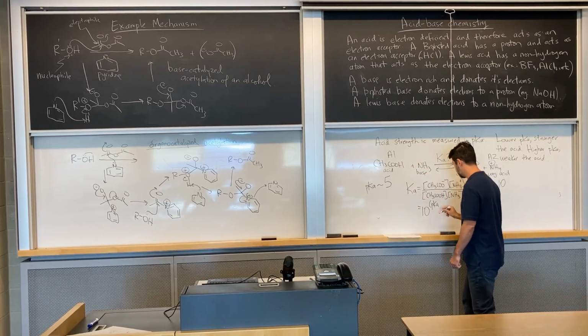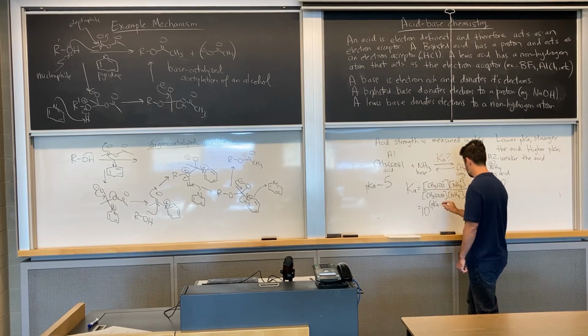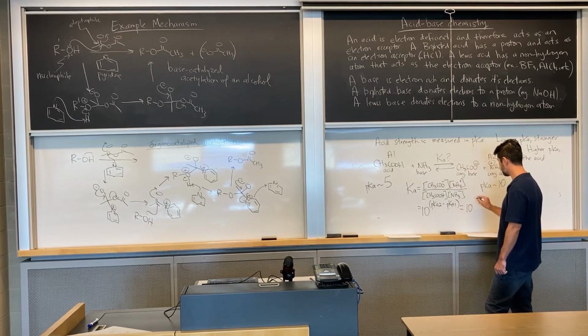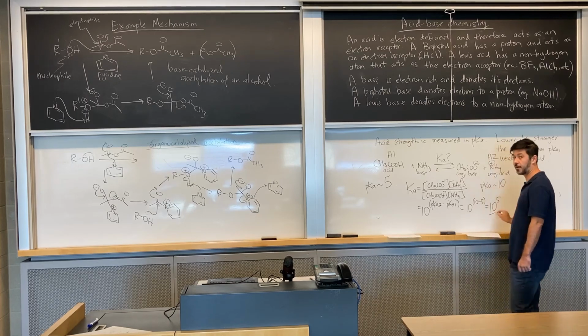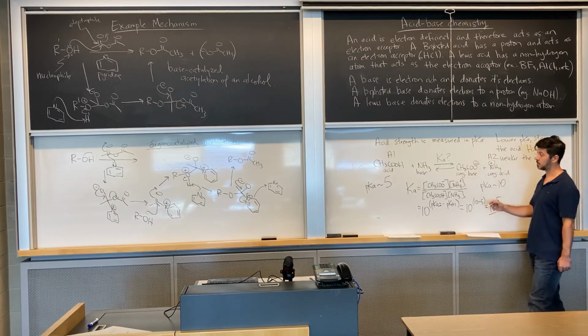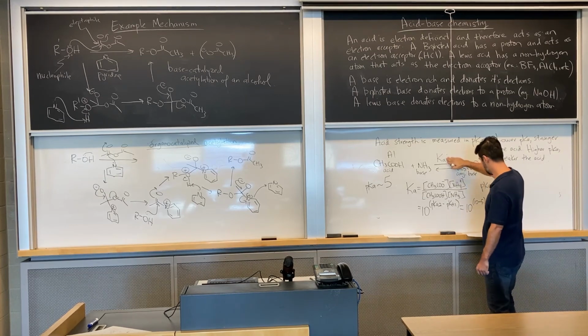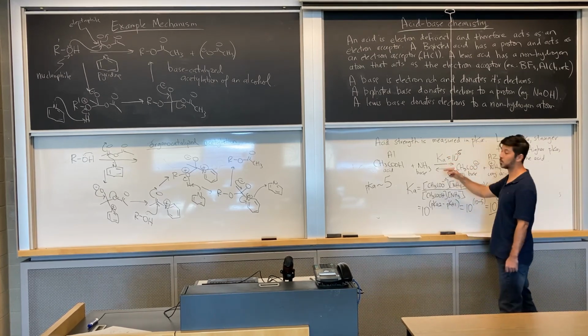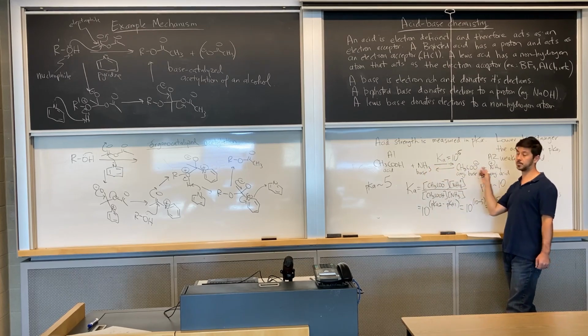So that's going to be equal to pKa acid 2 minus pKa 1, which is 10 minus 5. So that's going to be equal to 10 to the power of 5. Okay? So that means that this Ka here is equal to 10 to the 5, and the equilibrium is going to lie far to the right.